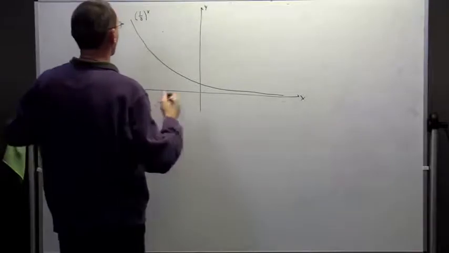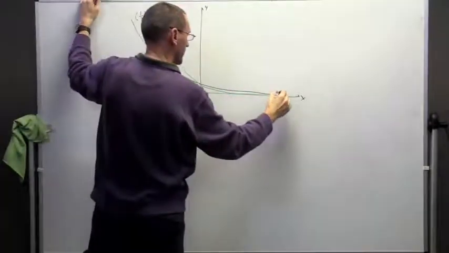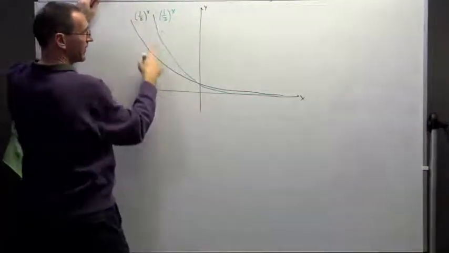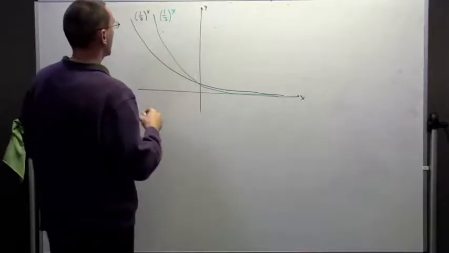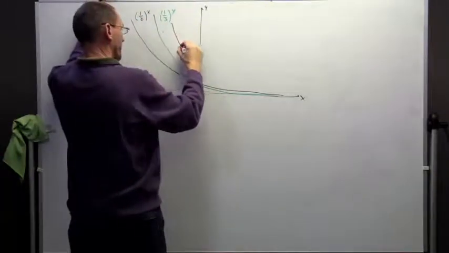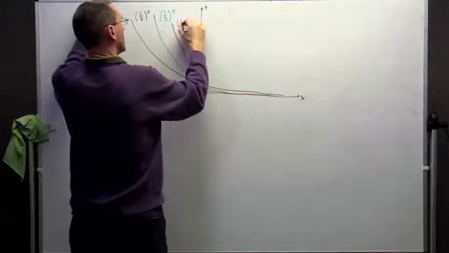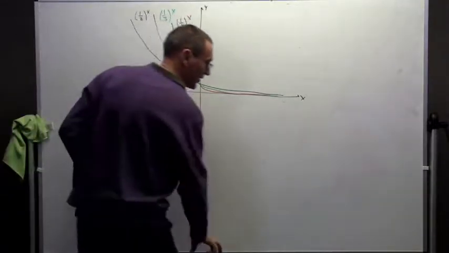If I graph 1/3 to the x, I'll see kind of the corollary here of what we just saw. It's going to grow faster for negative x, but get closer to 0 for positive x. And likewise, if I look at 1/4 to the x, it's going to do something like this. So in general, what's happening?